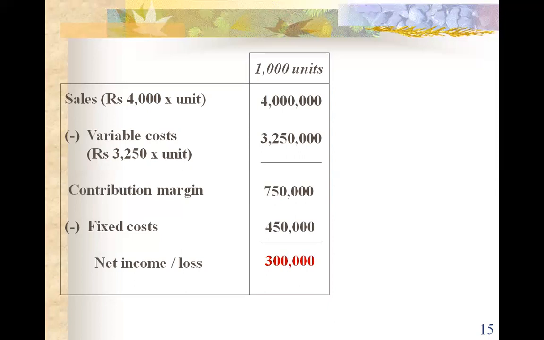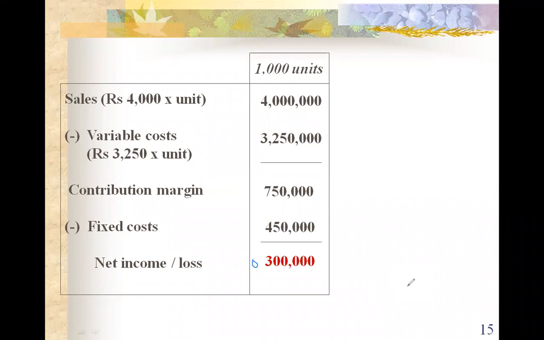Now if you can see from this example, as I said, break-even point is that point where net income or net loss equals 0, right? Is it clear? Break-even point মানে হচ্ছে এমন একটা পয়েন্ট যেখানে নেট ইনকাম হবে 0.